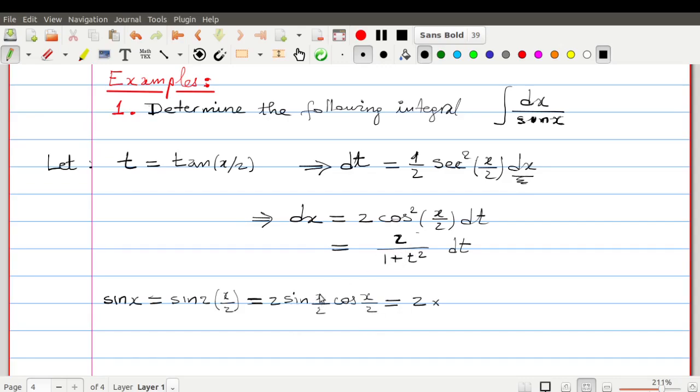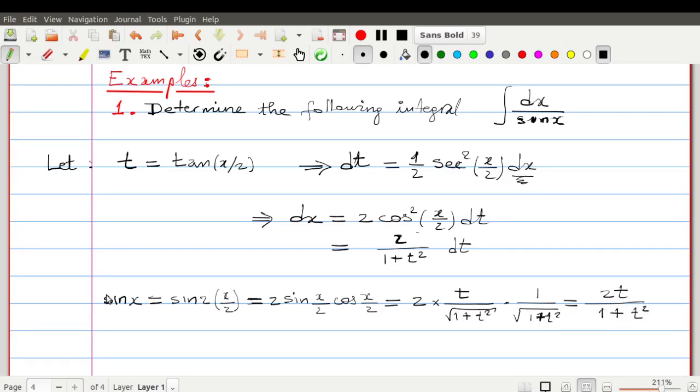Now here sine x by 2, we saw that it's the opposite, which is t, over square root of 1 plus t squared, and the cosine is 1 by square root of 1 plus t squared. Obviously in the product of the two, I will get rid of the square root, so this will be 2t by 1 plus t squared.